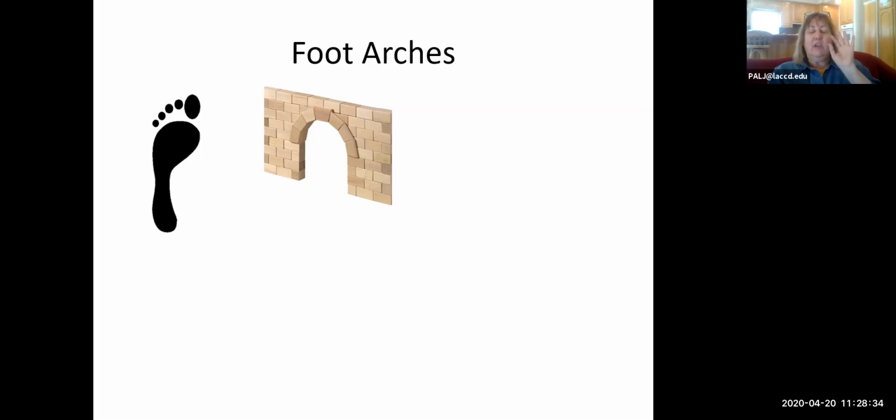So you know that if you were to trace your foot, it would not have the same appearance as if you step in water and have a footprint. If you were to trace your foot, it would not have this slight indentation laterally, and it would not have this big indentation medially. And the reason why you have those indentations has to do with the arches in your foot.